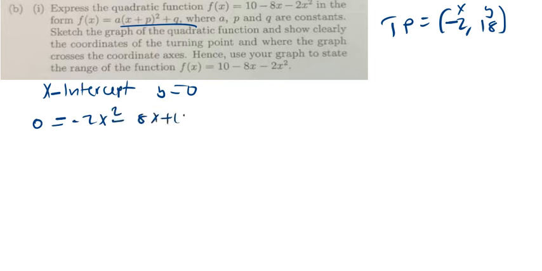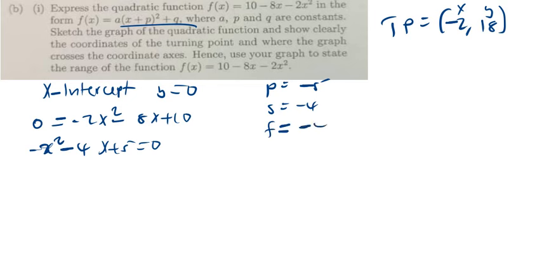Divide everywhere by 2, so you end up with negative x squared minus 4x plus 5 equals 0. The product is negative 5, the sum is negative 4. What will be the factors? The factors will be negative 5 and positive 1, so that negative 5 plus 1 gives negative 4.